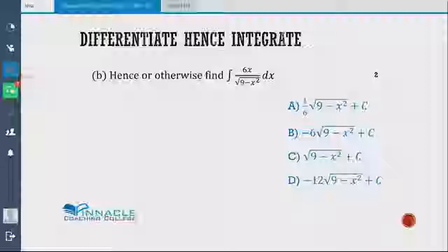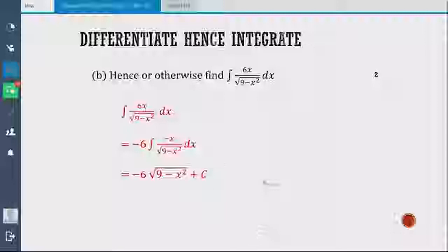Good, I can see that most people picked B, which is the correct answer.